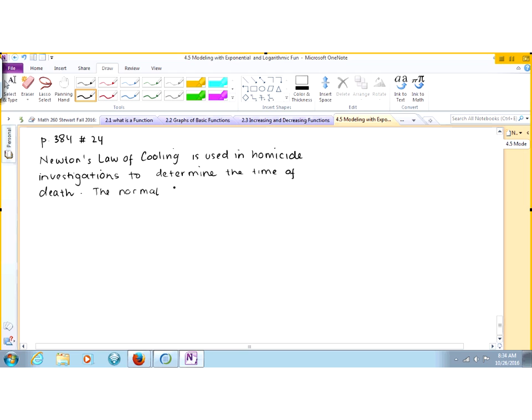The normal body temperature is 98.6 degrees Fahrenheit, right? Immediately following the death, the body begins to cool.